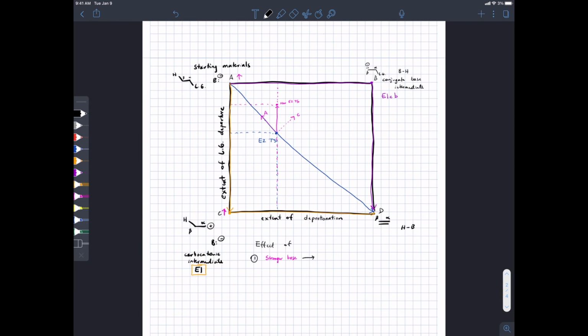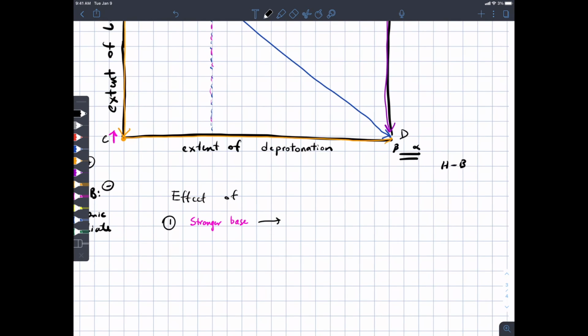So the impact of adding a stronger base is the same amount of deprotonation in the transition state, but less leaving group leaving.